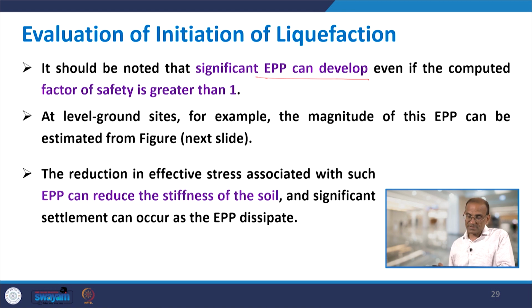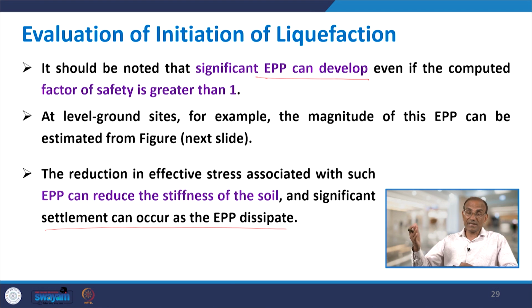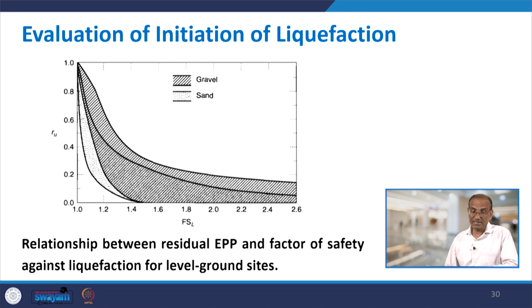The reduction in effective stress associated with such EPP can reduce the stiffness of the soil, and as a result significant settlement can occur when the EPP dissipates. So, here is a point of caution. A factor of safety against liquefaction greater than 1 is not enough, because if there is a development of excess pore water pressure, then when it dissipates it may lead to large settlement, and the excess pore pressure can be estimated from this chart.